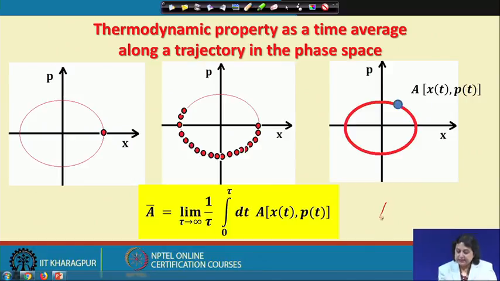So, there are systems where A bar is equal to the ensemble average, okay, and those systems are known as ergodic systems.